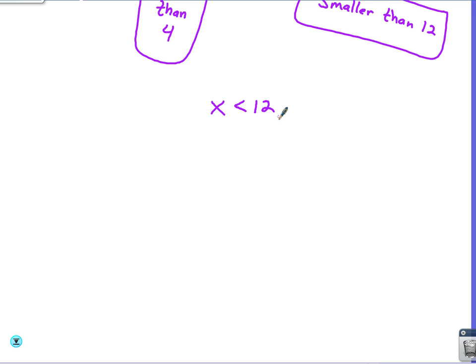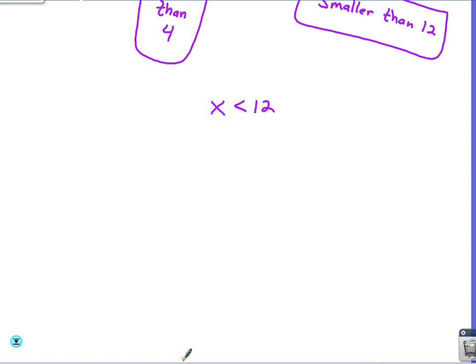X needs to be smaller than 12. Can it be equal to 12? No. X needs to be smaller than 12. And to save paper, because I'm all about saving paper, let's write this as a sandwich statement. You could put x needs to be smaller than 12 and x needs to be bigger than 4. You could write that. Let's write it as a sandwich.